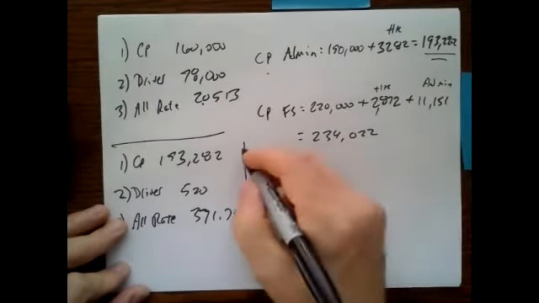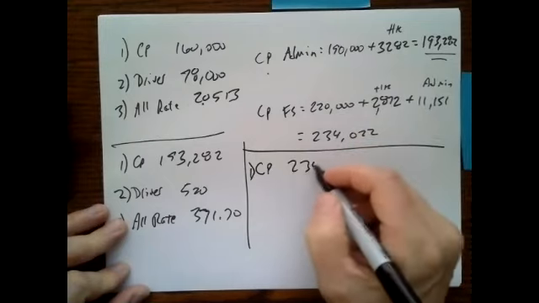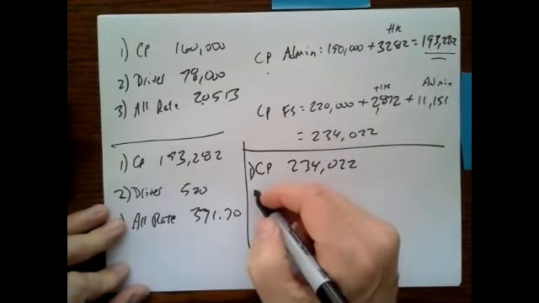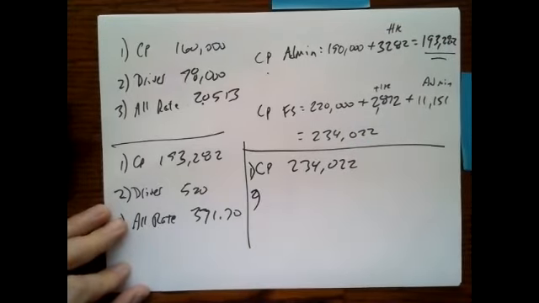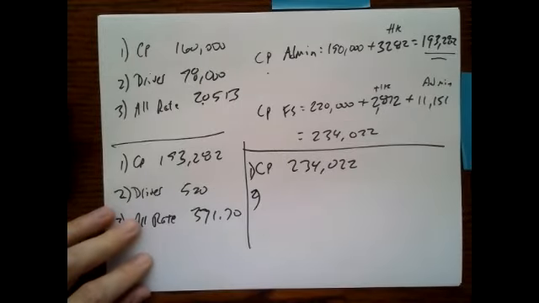Okay, so now the cost pool for financial services is 234,022. The driver for financial services is number of bills. And remember, we're allocating across the whole organization, so we get the allocation rate for the whole organization first. So we need the number of bills for both profit centers. So 18,000 plus 3,500, that's 21,500.